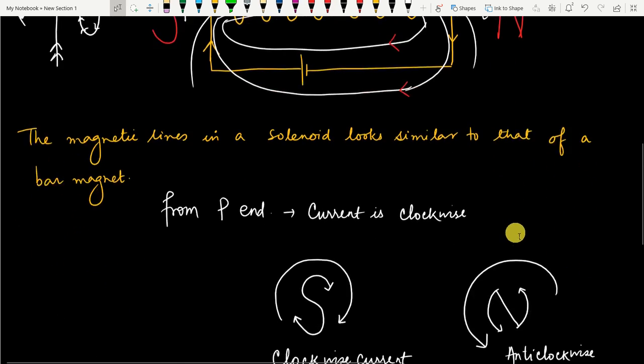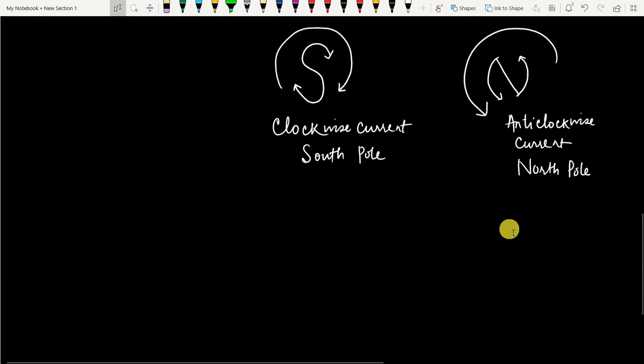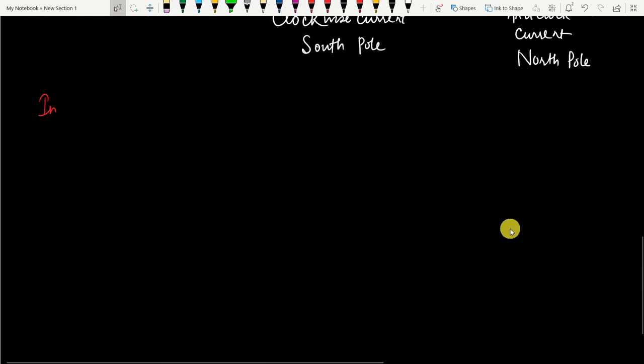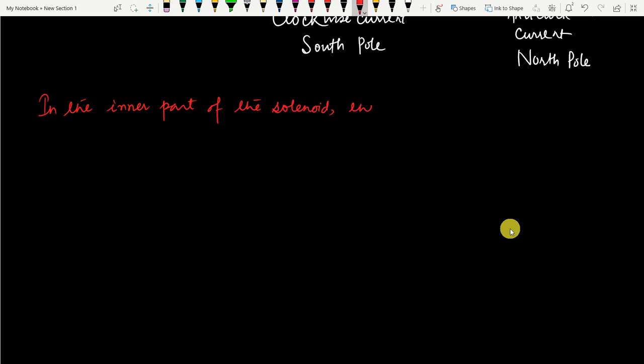So we can write a statement. In the inner part of the solenoid, the magnetic lines are straight and parallel.